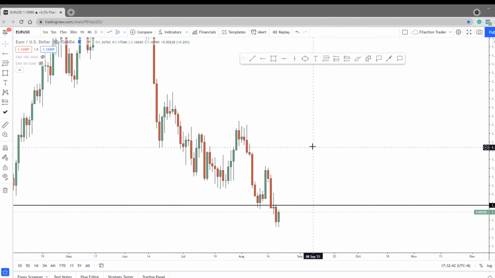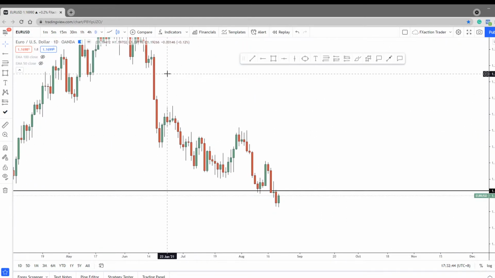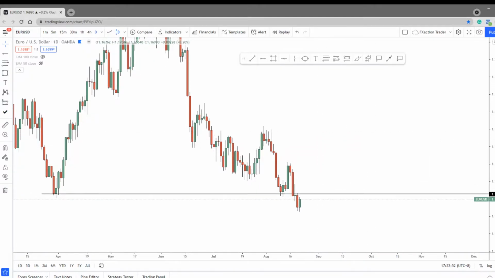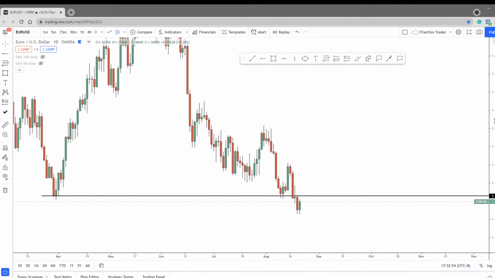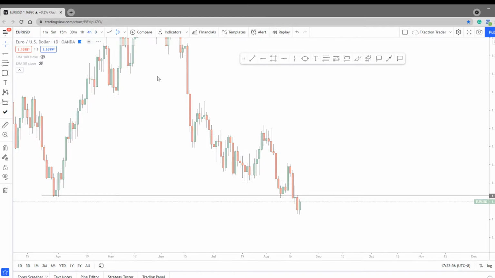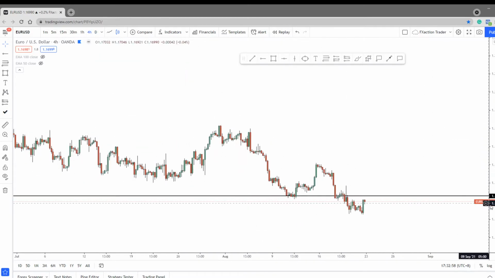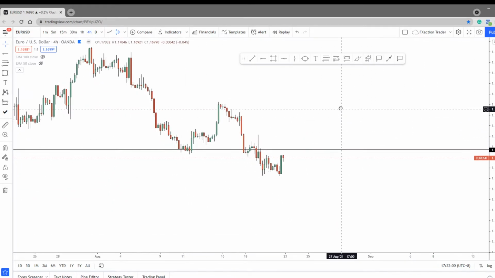Combined with the preceding market trend, which is a strong downtrend, we can tell that market is now sell bias rather than buy bias. In other words, we should look for a sell trade instead of a buy trade because this support level failed to hold the market.